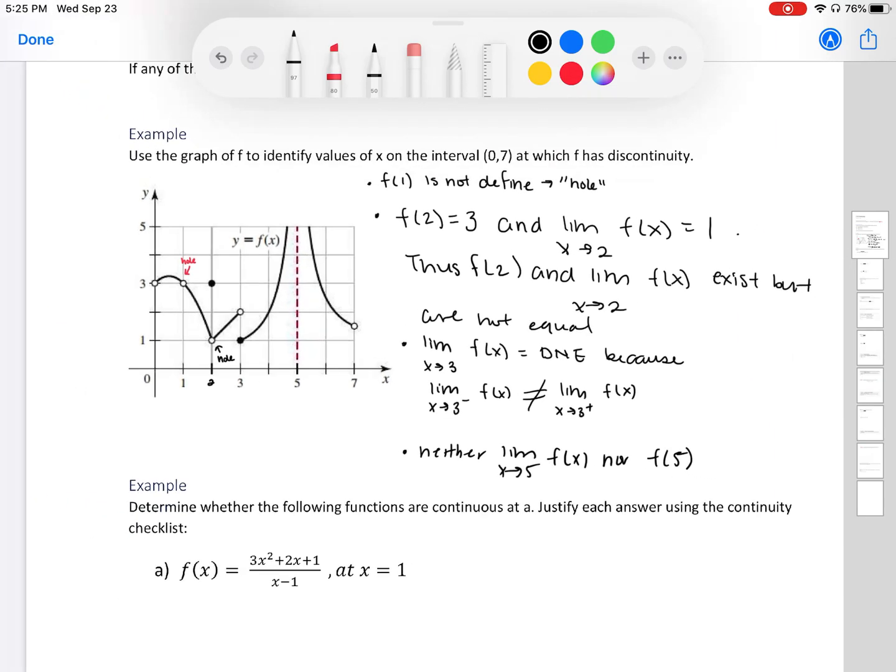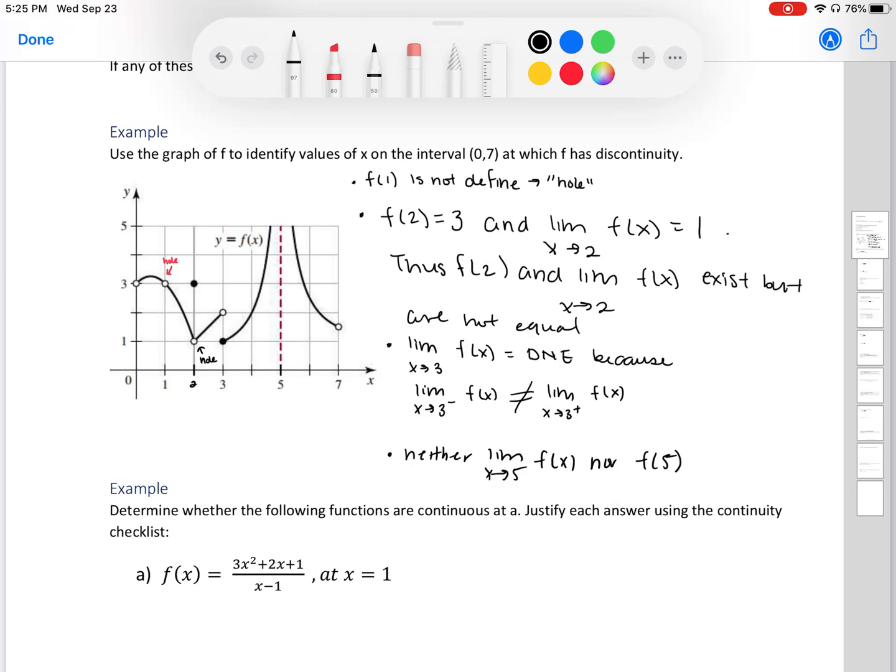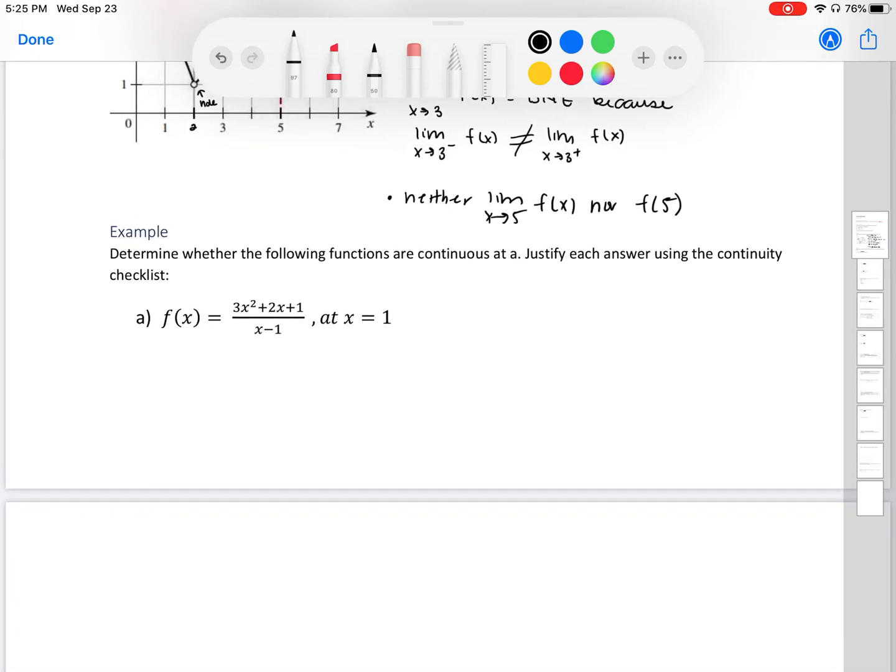Let's go ahead and take a look at an example. Determine whether the following functions are continuous at a. Justify each answer using the continuity checklist. Okay, so I can't evaluate at that. If you look at our numerator, can we factor it? What numbers multiply to give us 3 and add to give us 2?